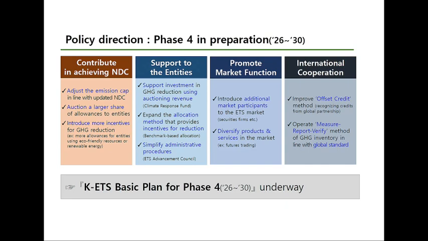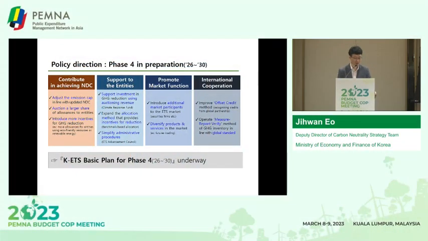Adjusting emission cap and auctioning larger share of allowances are some of those examples. The Korean government is also trying to support the entities in reducing greenhouse gases, like providing support for investment and incentives for allocation. The third task is to promote the market function within K-ETS by introducing additional market participants and diversifying products and services in market.